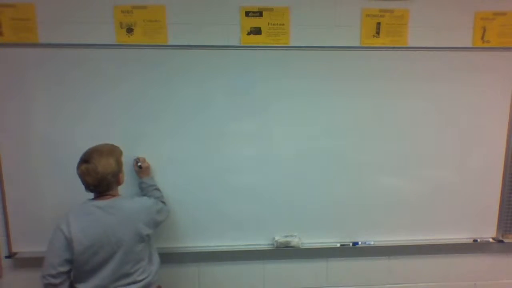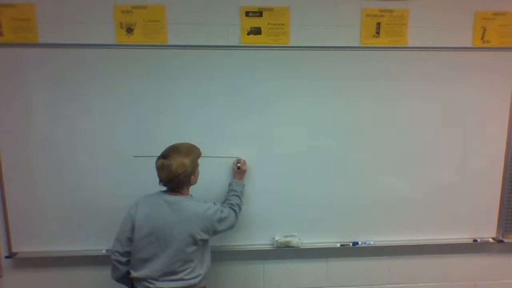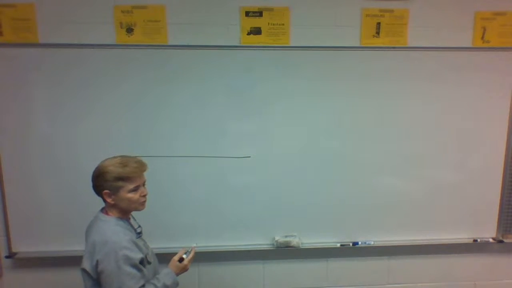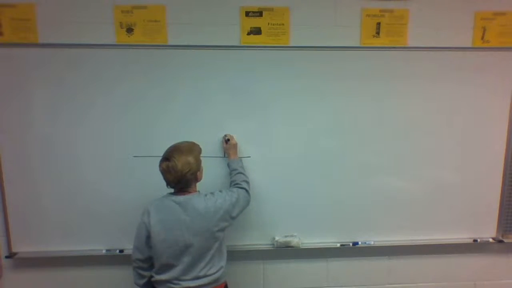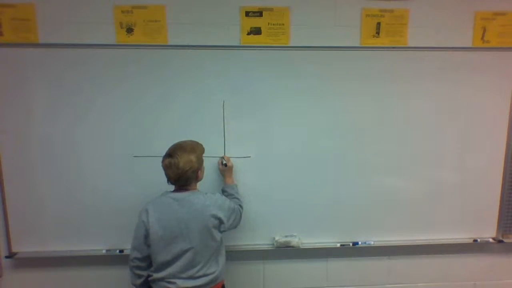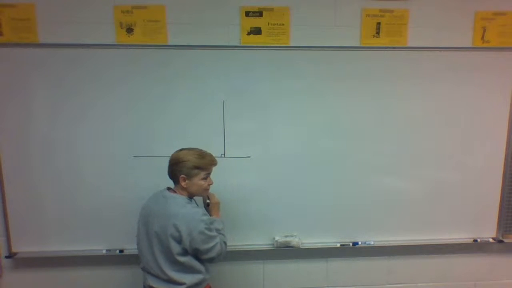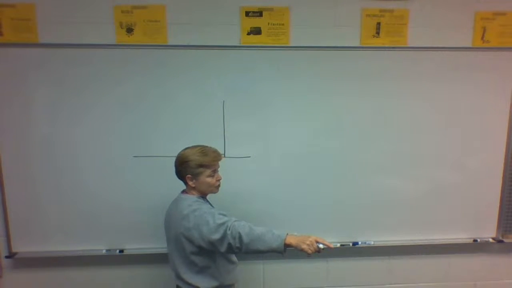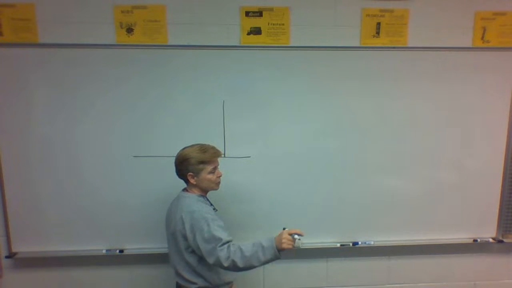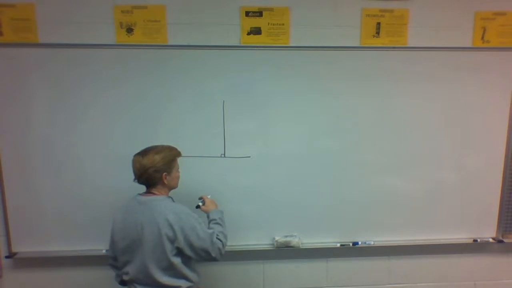Here's my level field. If it wasn't a level field, then we'd be using law of cosines and sines, but we're not. Here's the balloon rising right straight up. Right straight up means we got a right angle there. By the way, you won't get pictures like you see on the left of your example. You're not going to get pictures most of the time in your problems. You got to read the words and draw them yourself.